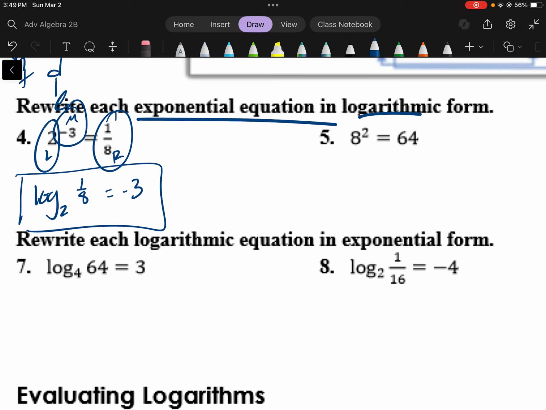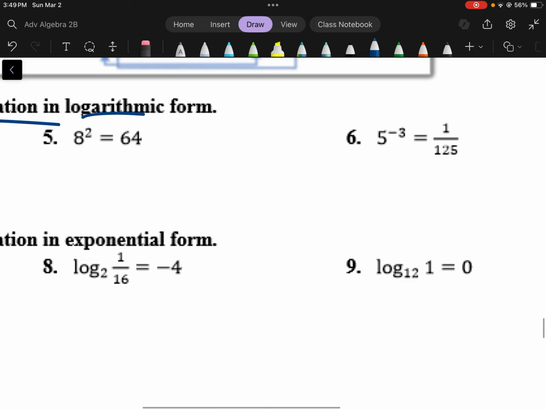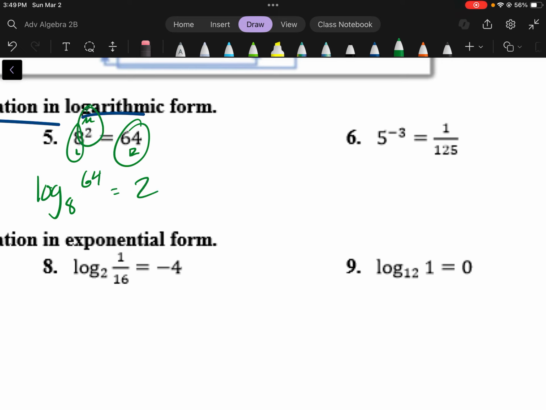If we go to number 5 and do the same thing, there's the number on the left, that would be on the right, this would be in the middle. So we're going into logarithmic world. So there's log base, which would be 8 on the left, of 64, which is on the right, and then equals 2 that's in the middle. Left, right, middle.